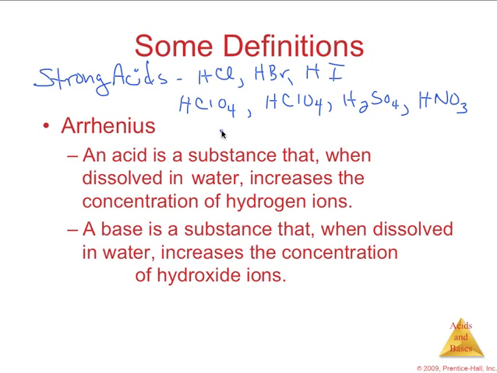These are all your strong acids. You need to memorize these. These are the ones where you need to know, if I see them in a formula or in an equation, that they fully dissociate into hydrogen and whatever the anion happens to be in that acid.